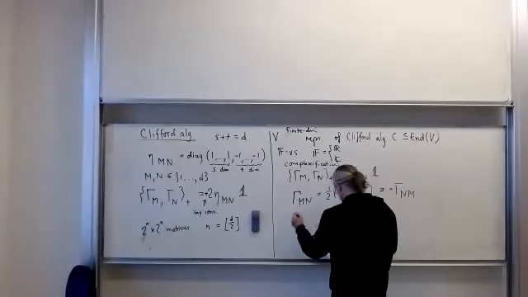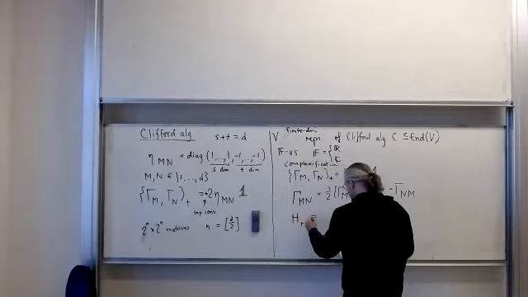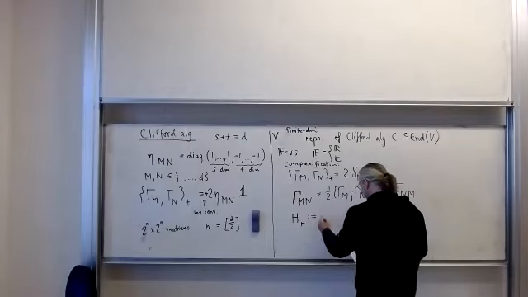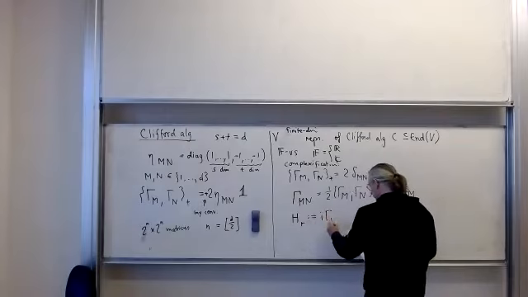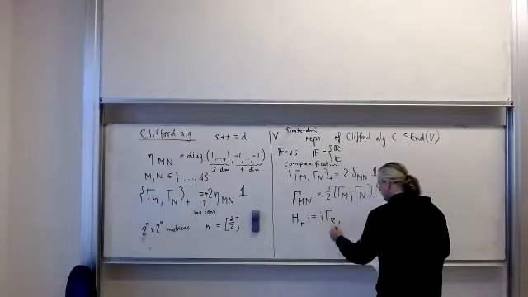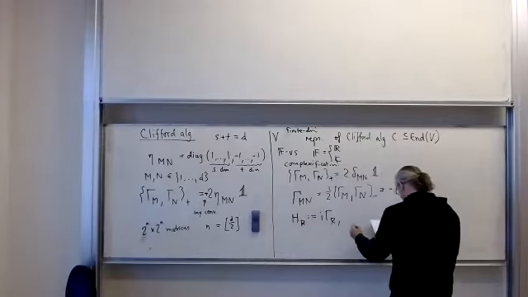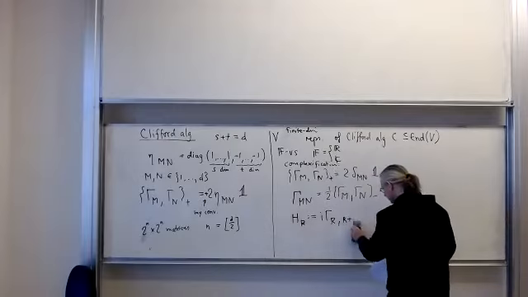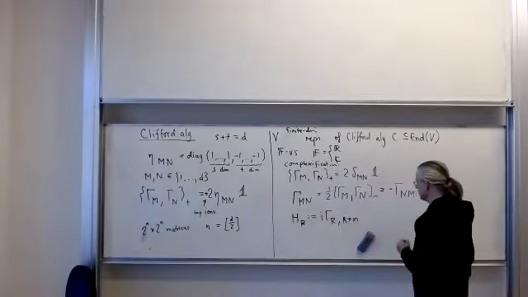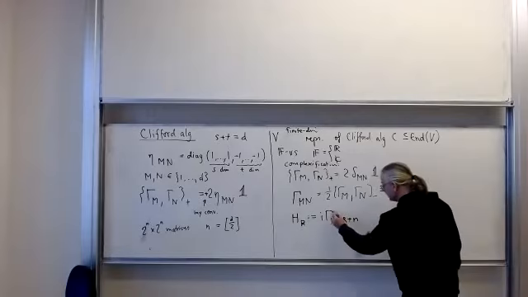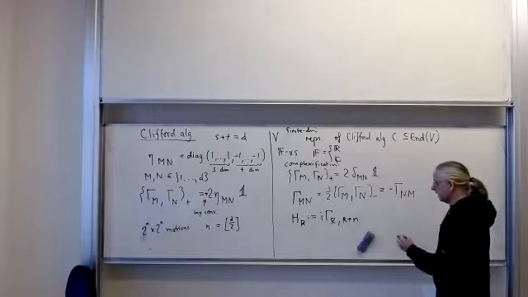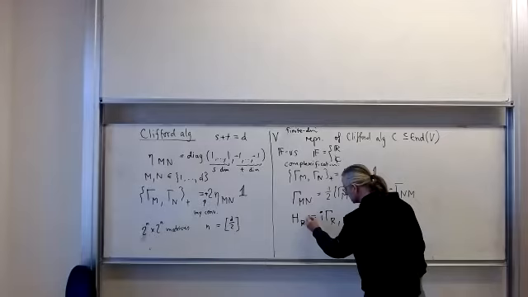Now we want to pick the following elements. Let's define H_r to be i gamma_r, so I should use capital R, with little n here, gamma like this. I put an i here for convenience.